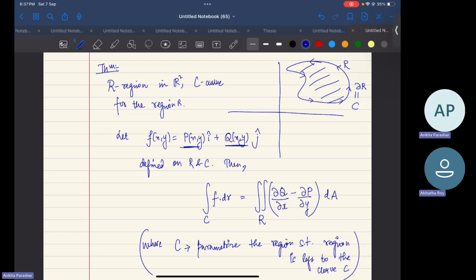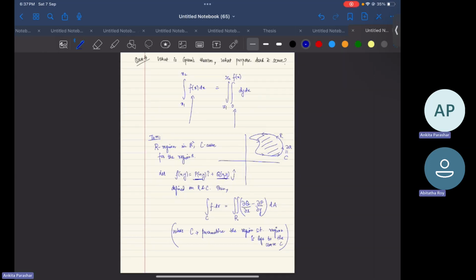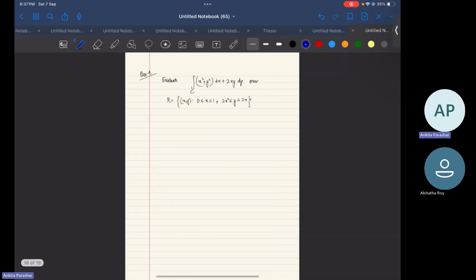Does it make sense? So Green's theorem is all about this: even if you do not know how to find the line integral, you can simply use Green's theorem, go to the double integral, and do things if you can. All right, let's use this to find certain things.